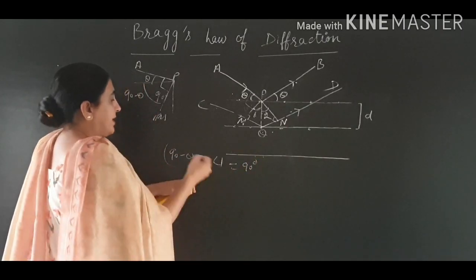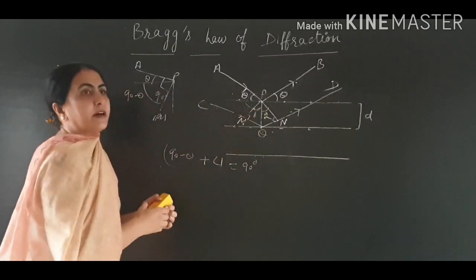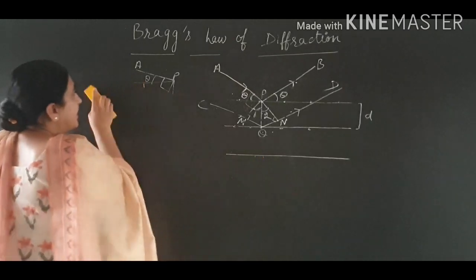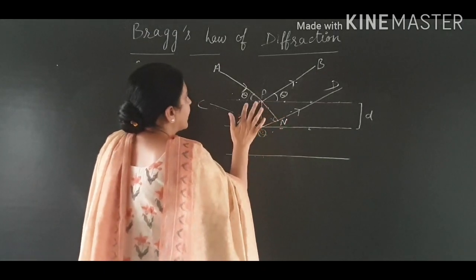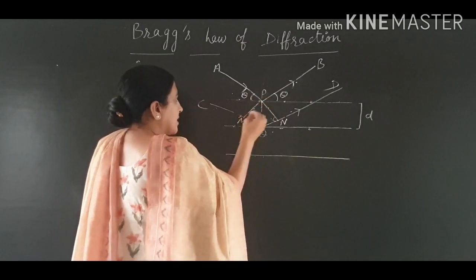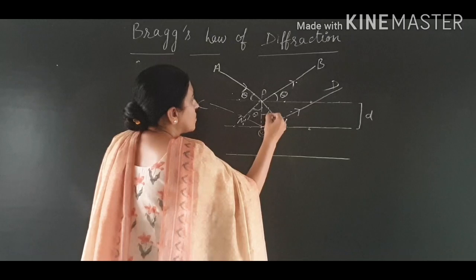So angle 1 is 90 minus 90 plus theta, so angle 1 is theta. This angle is theta and this angle is also theta.